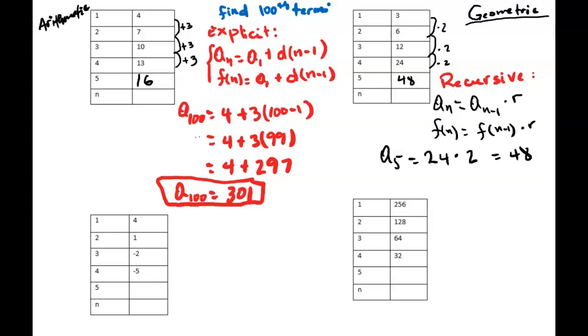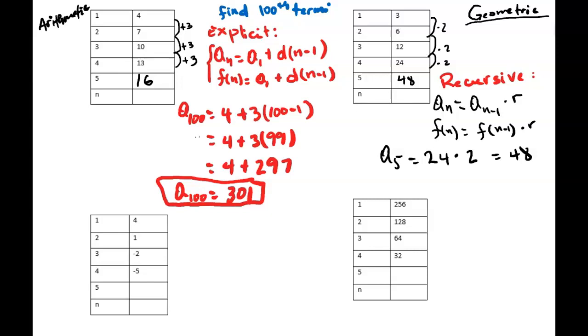If you're using the recursive formula to find the 1,000th term, it will probably take you a very long time, maybe days. So for this case, we can use the explicit formula.